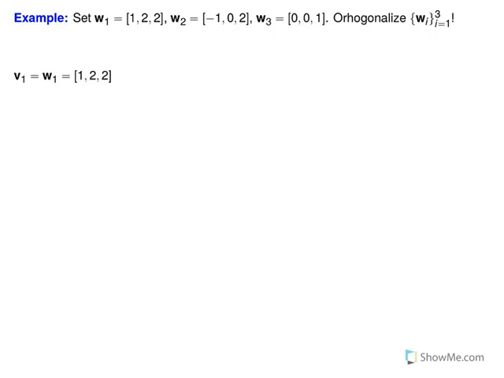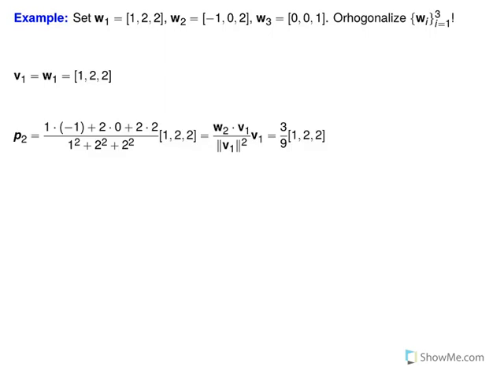I'll show you the algorithm without the normalizing, just to save you a little bit of arithmetic. Then in the second step, I project, so P2, remember, this is the projection of W2 onto the span of V1.